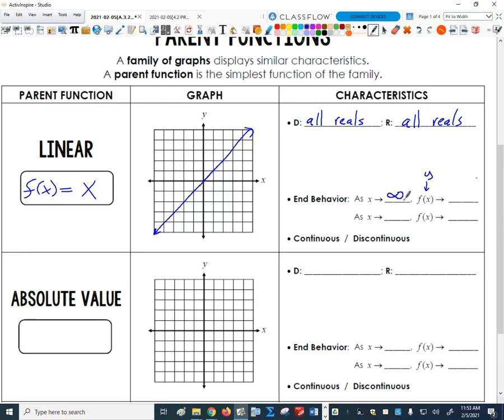As x approaches infinity, we interpret that as we're going right forever. Wouldn't we agree that the y value, f of x, is also approaching infinity, which we interpret as he goes up forever, right?